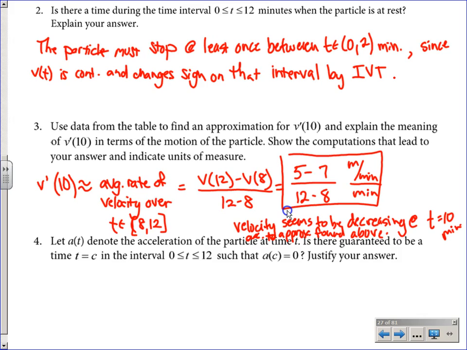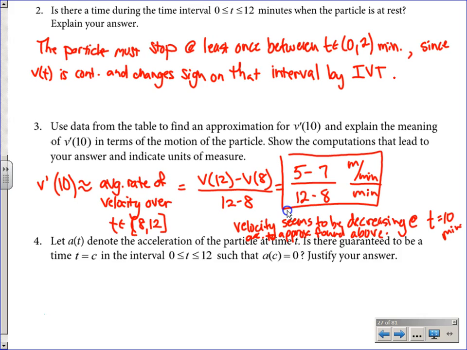So using velocity, I can either use the word decreasing because I saw it's negative, meaning the approximation for v prime, or I could say velocity's rate of change, or is changing at a rate of, but I can't use both. And specifically, isn't this about Bob on the x-axis? So I could talk about my particle on the x-axis too and talk about how he's moving horizontally and his velocity seems to be decreasing. But the long story short, velocity decreasing at 10 minutes.